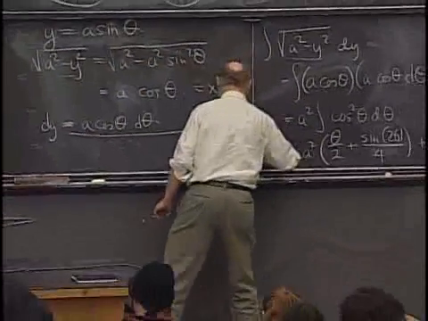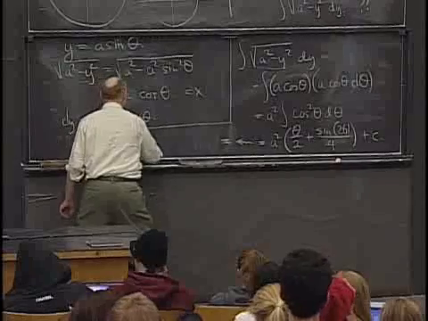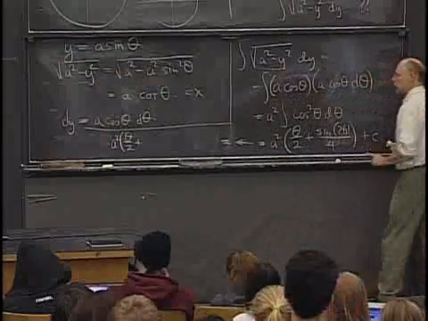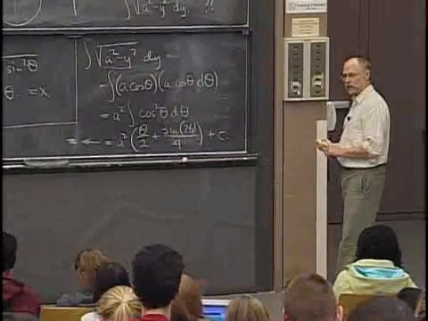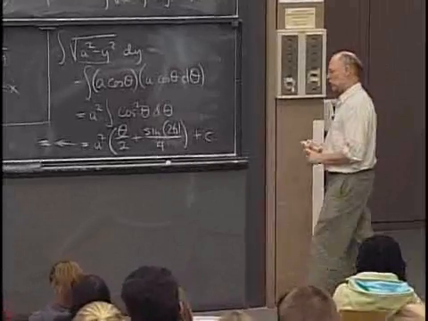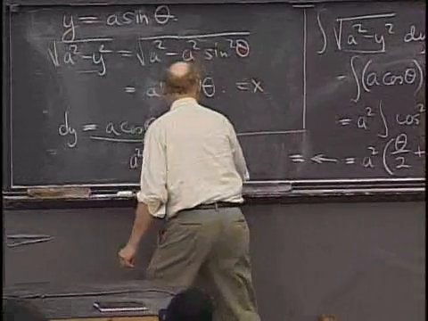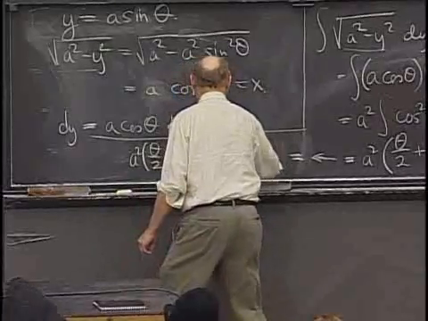This, in turn, is equal to a squared theta over 2 plus, well, the sine of 2 theta is twice the sine of theta times the cosine of theta. And so when there's a 4 in the denominator, what I'll get is sine of theta, cosine of theta over 2.